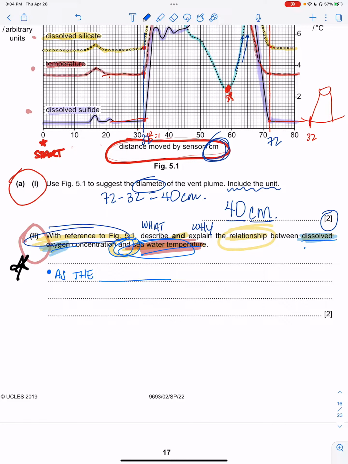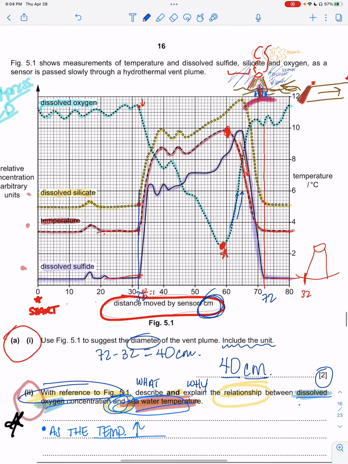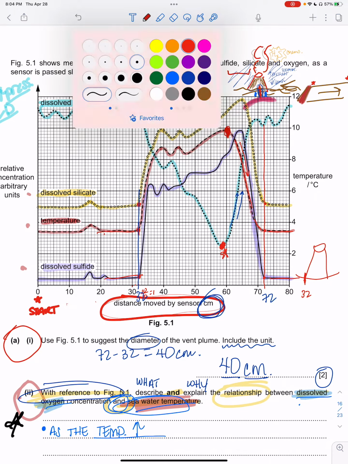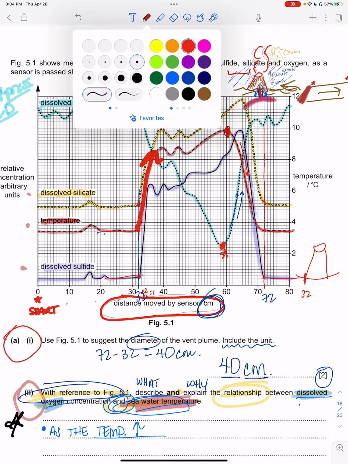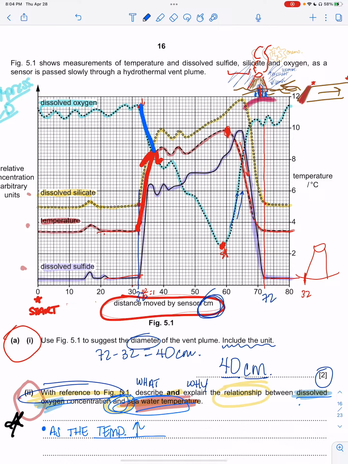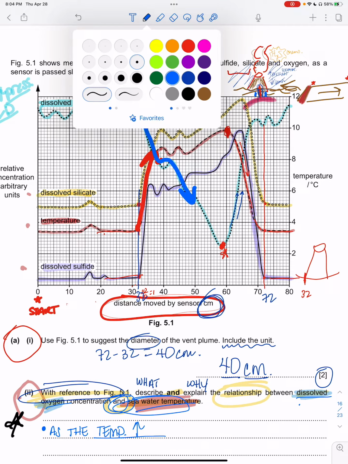So as the temperature increases, we see it spiking up really high right here. The dissolved oxygen decreases. Likewise, you could say the reverse argument.